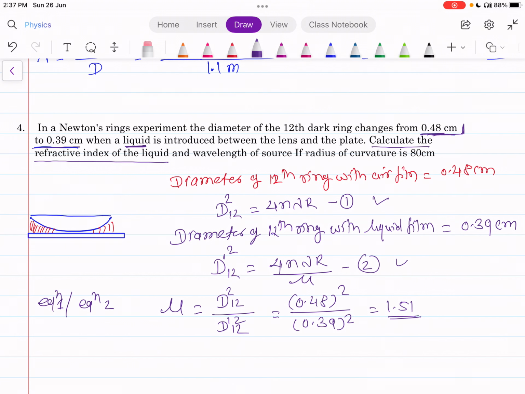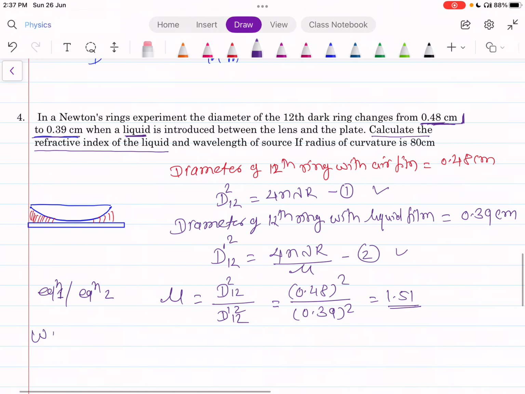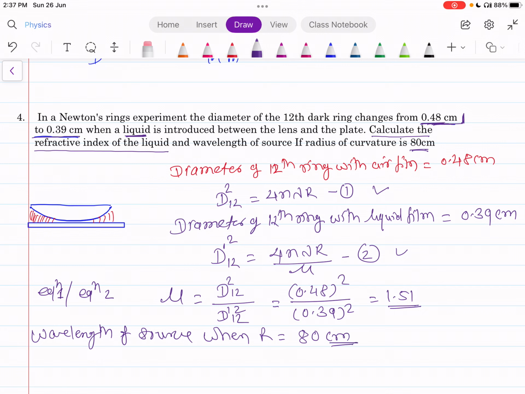So we have to find the wavelength of the source when capital R is equal to 80 centimeter. The radius of curvature of the lens is 80 centimeter, and we have to find the wavelength lambda.